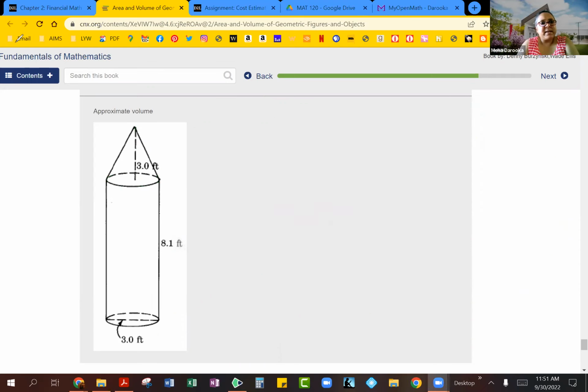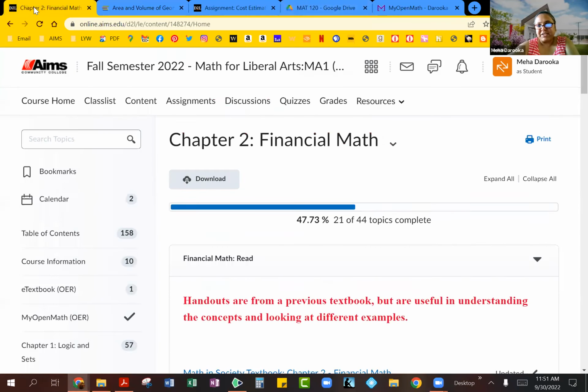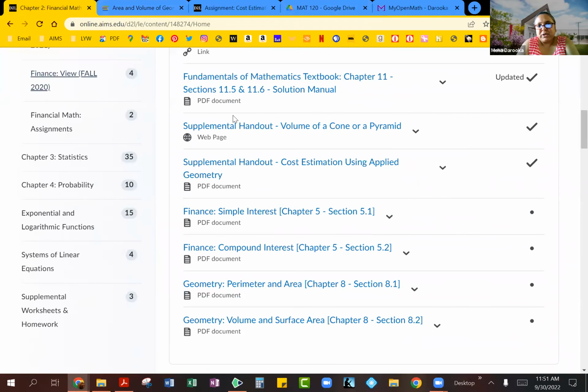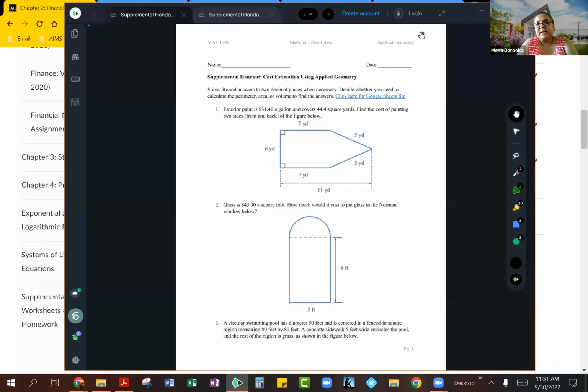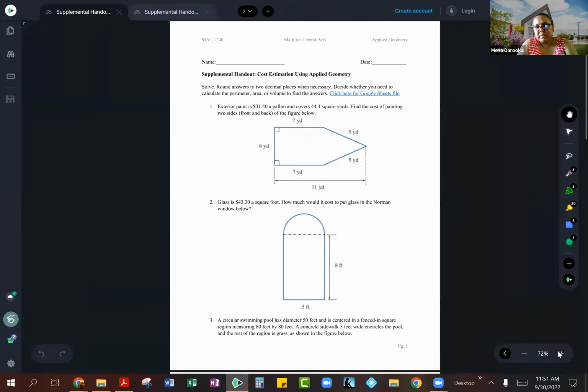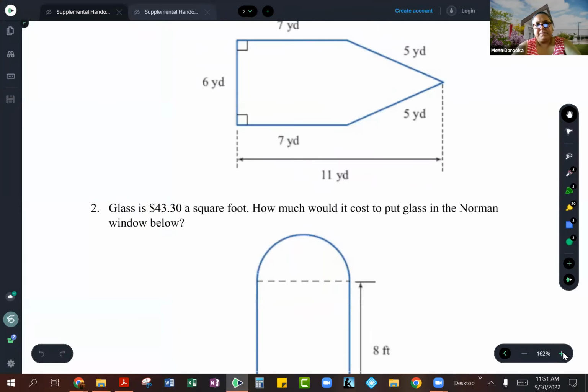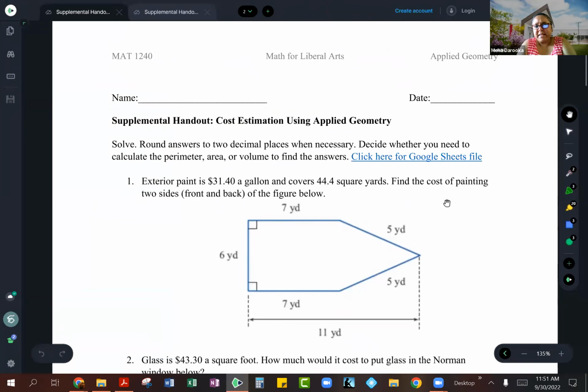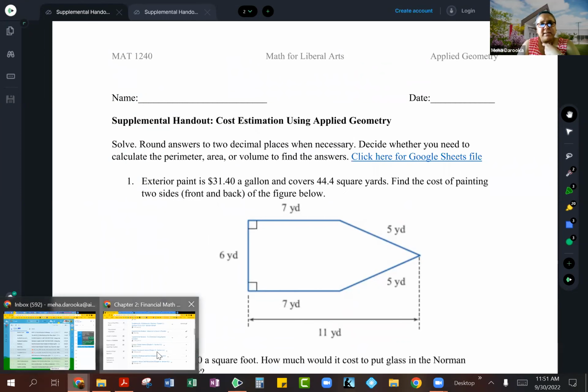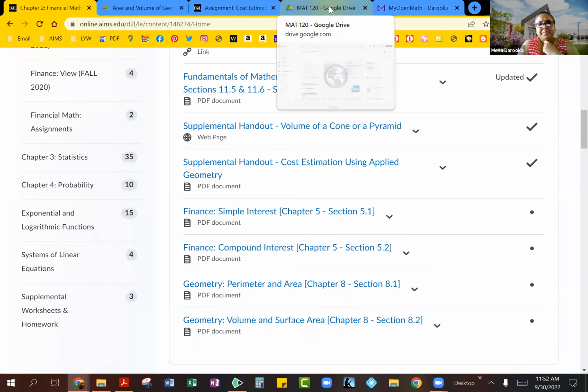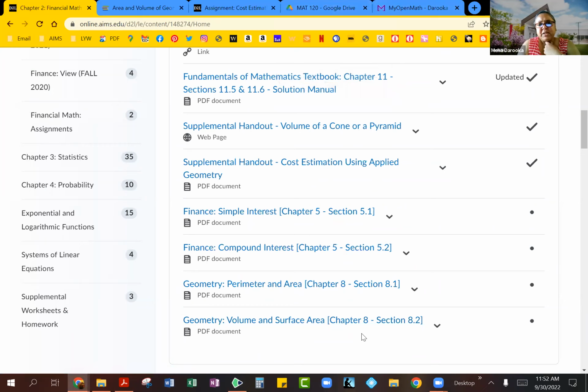So let's clear this out. If you go to your reading section, this is what I was talking about, and you click on this handout, you are going to see a file that looks something like this. And then you will see there's a link for a Google Sheets file here.